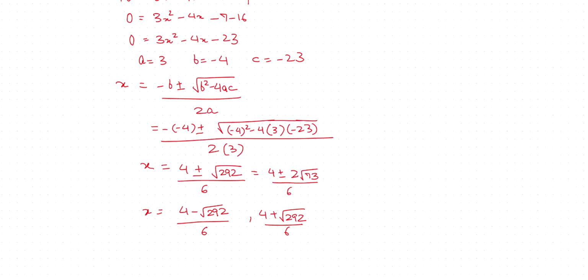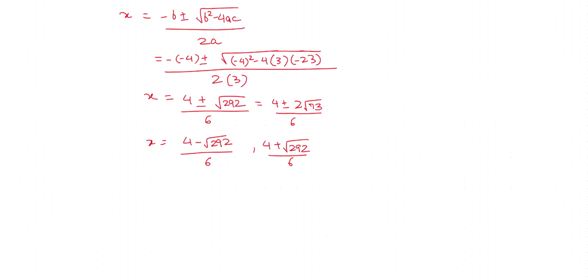If we find these values, this one will give us negative 2.18, and the other, positive one, would give us approximately 3.51. So we see that the negative one will not work because x cannot be negative, length cannot be negative. So our answer would be 3.51.